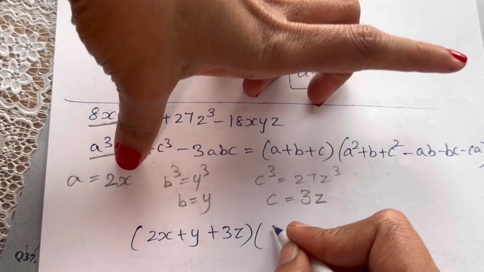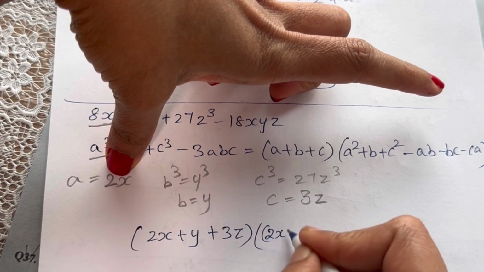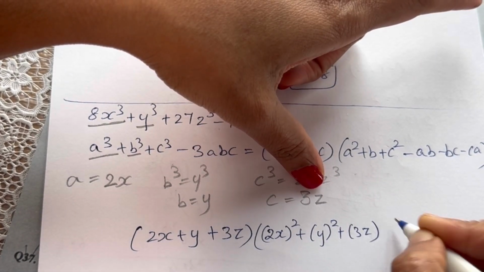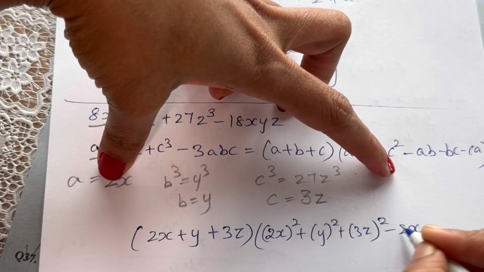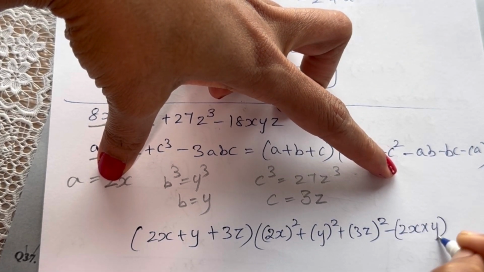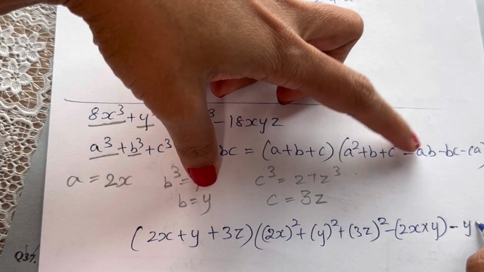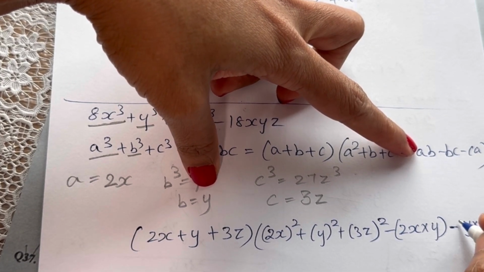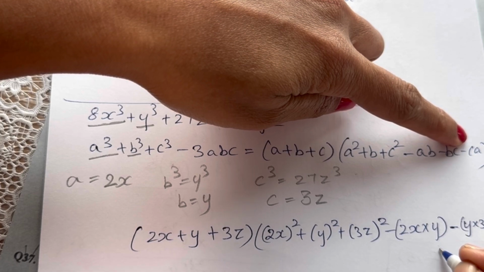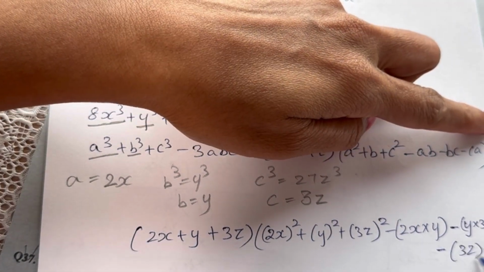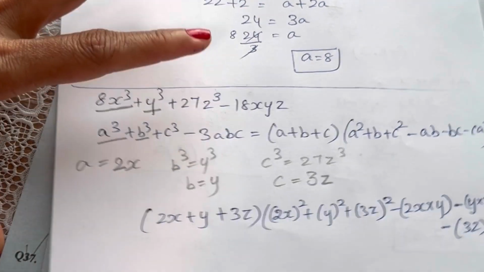So what is a, b, and c. Then square it. So 2x square, it's 2x and y, ca. Yes.